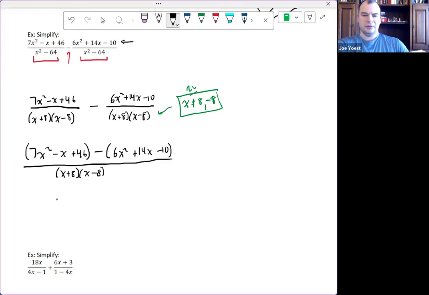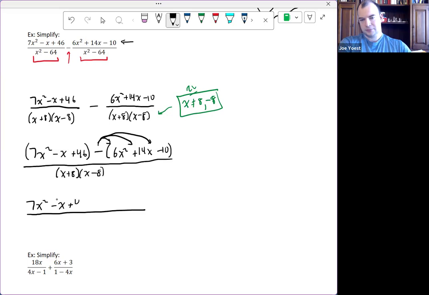Now we could take a shortcut here and just do 7x squared minus 6x squared plus x minus 14x, but I think it's good practice to distribute the negative sign, or the negative 1, through. So I have a minus 6x squared minus 14x and then plus 10.